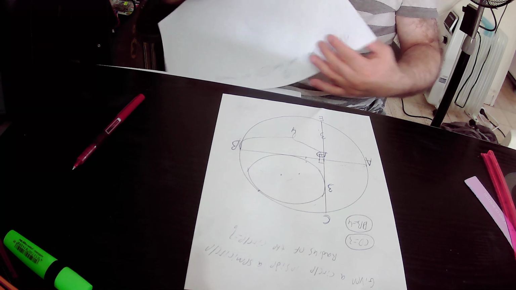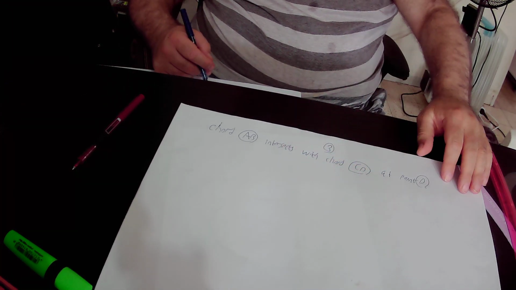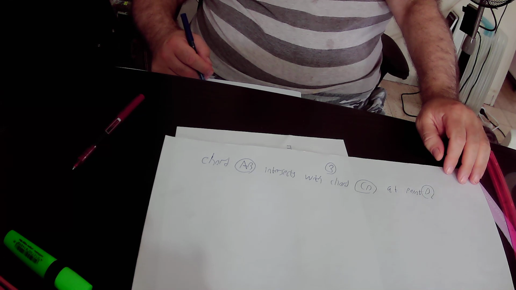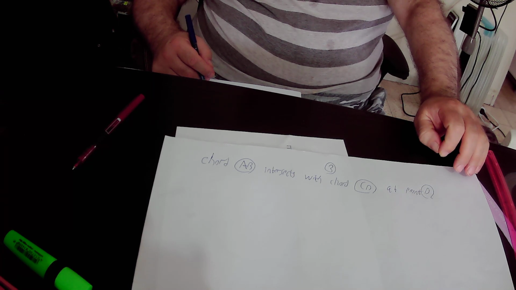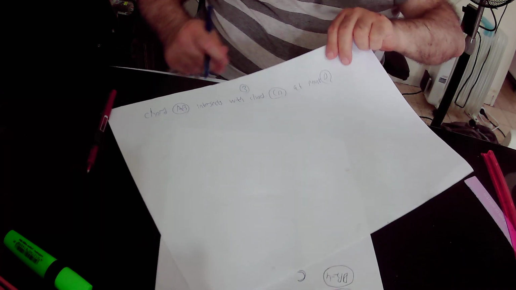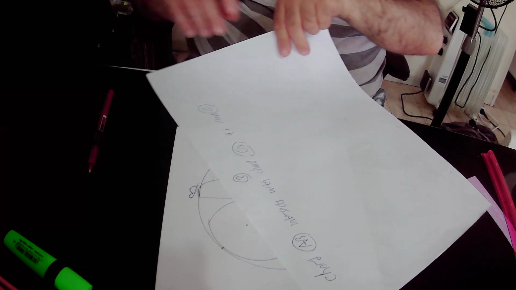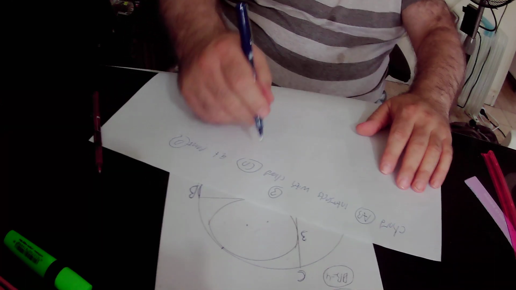I repeat again, in our drawing we have chord AB intersects with chord CD at point D. Point D is the intersection point of chord AB with chord, it's actually chord CE. Okay, chord CE.